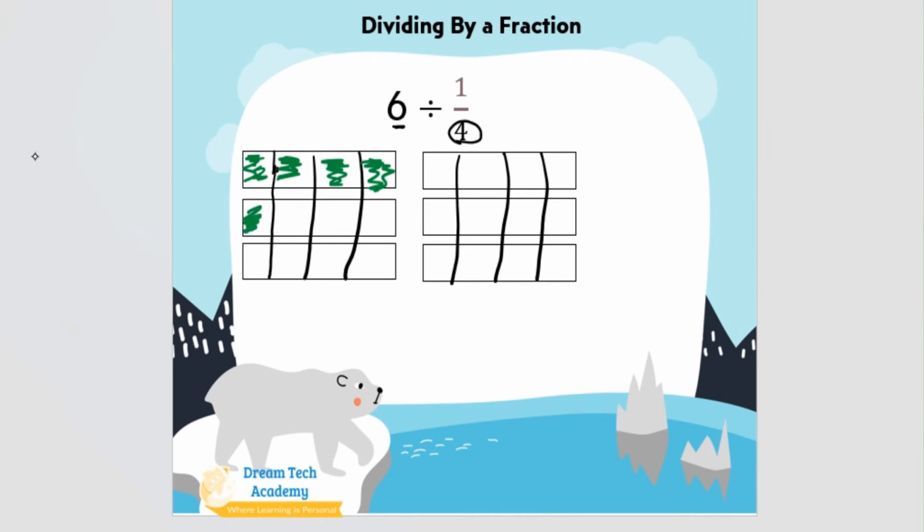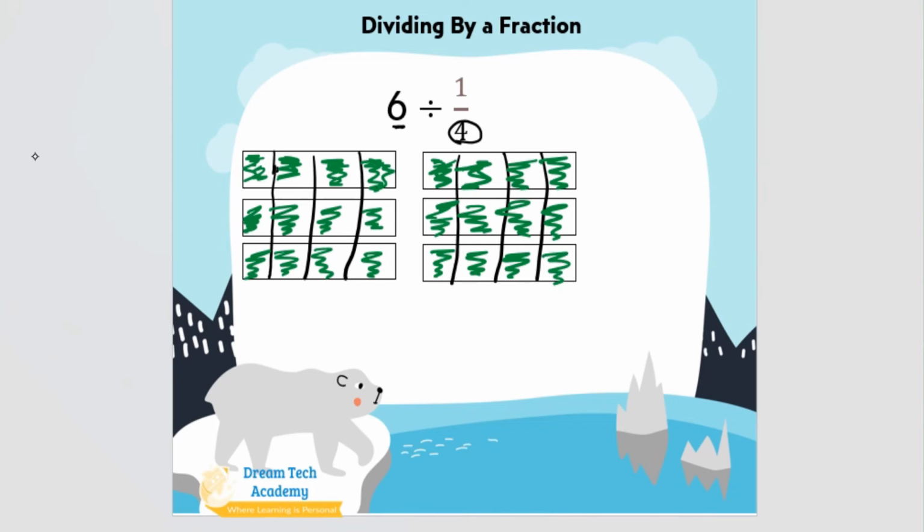So if we continue this pattern, another 1/4, another 1/4, another 1/4. We see there are 4/4 in one whole. So if I'm pulling 1/4, that means I will get to pull 1/4 4 times from each whole. So once you recognize that pattern, you could stop and just multiply, but we're going to continue to do the model.